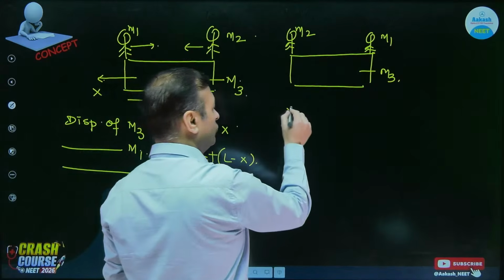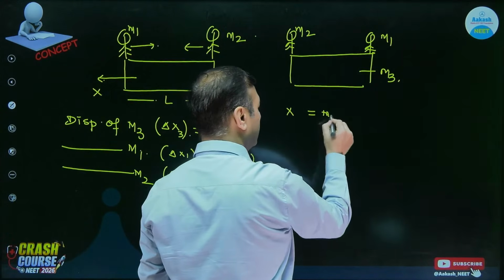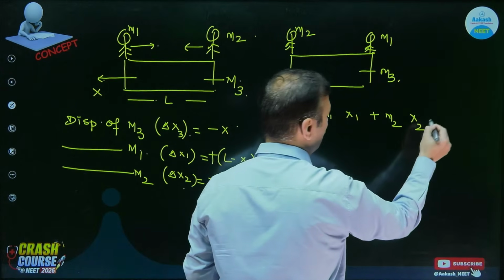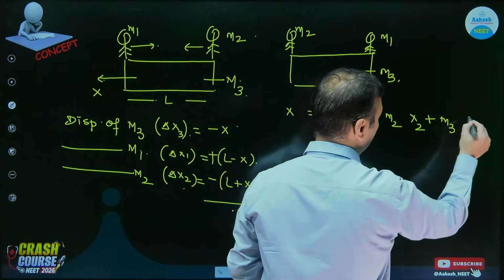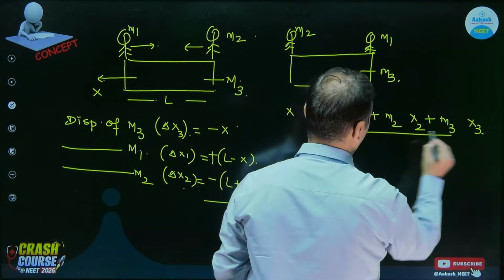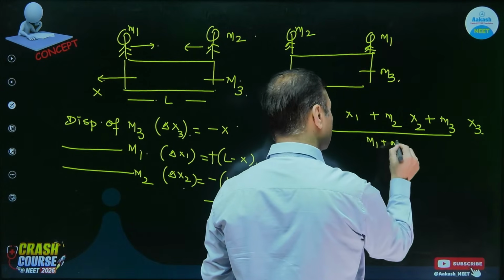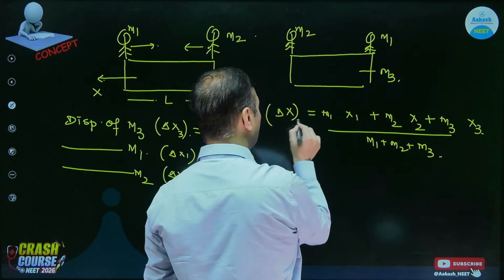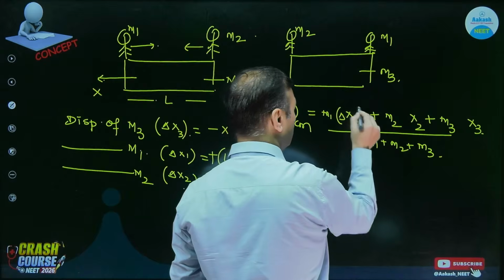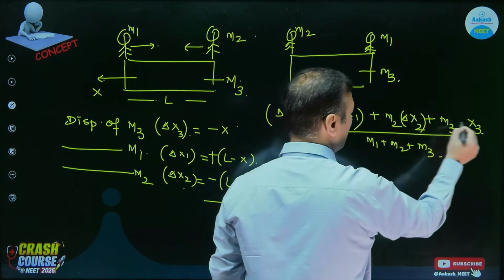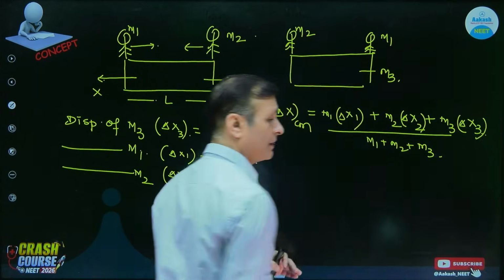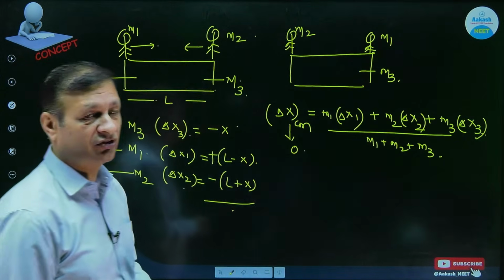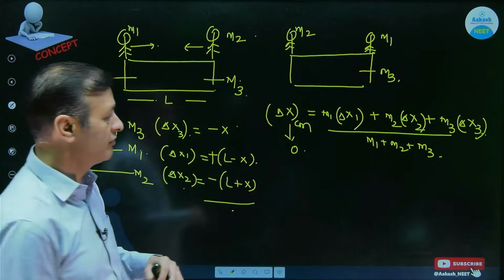Now, as you know, the x coordinate of the center of mass is m1 x1 plus m2 x2 plus m3 x3 by total mass m1 plus m2 plus m3. So for the change in position of the center of mass, we simply put it like this. This displacement of the center of mass is 0 because there is no external force involved.